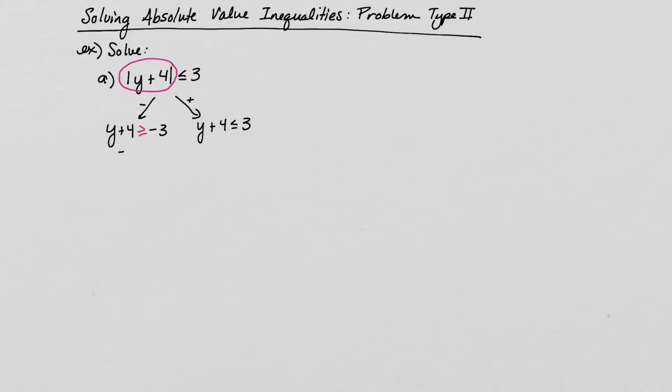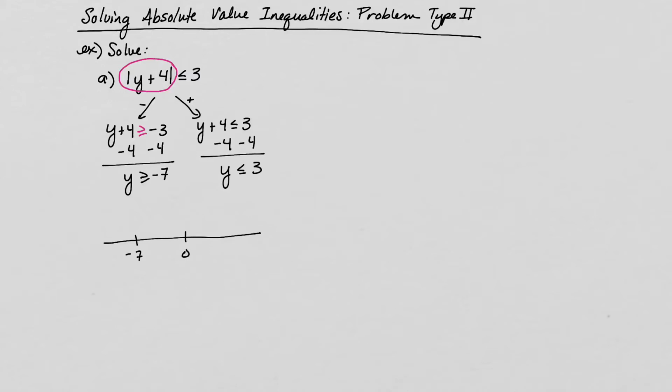And then I'm going to solve each one of these. I'll subtract 4 from both sides here, so I end up with y is greater than or equal to negative 7. And on this side, I'll subtract 4 from both sides, so y is less than or equal to 3. So I'm going to make a number line. Here's 0, here's negative 7, here's 3. I'll graph this one here in red, or pink.